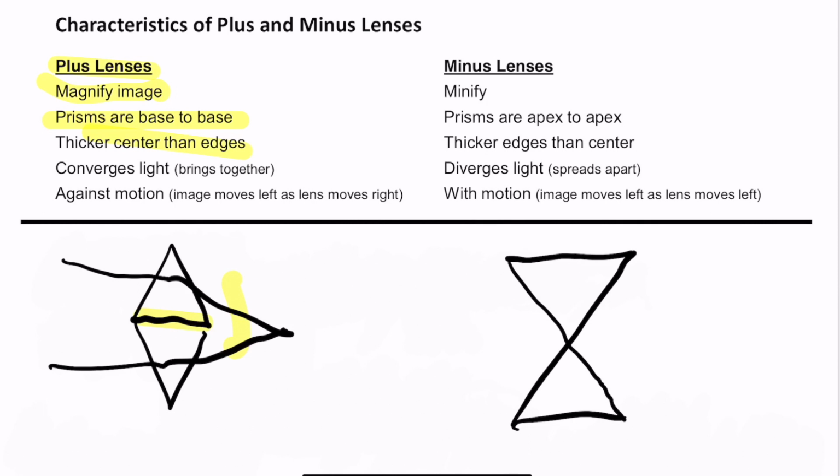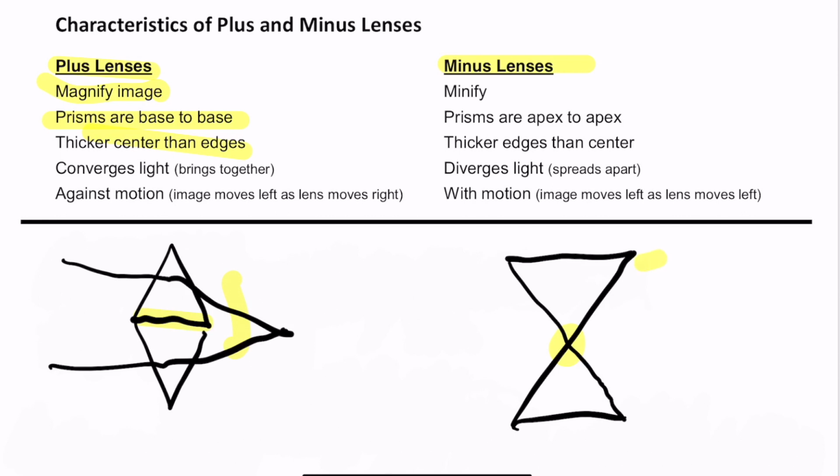What that means is when you hold a plus lens up in front of you and you move it to the left, the image in the lens will move to the right, against motion. Minus lenses minify. They make an image smaller when you look at it. They are prisms apex to apex.